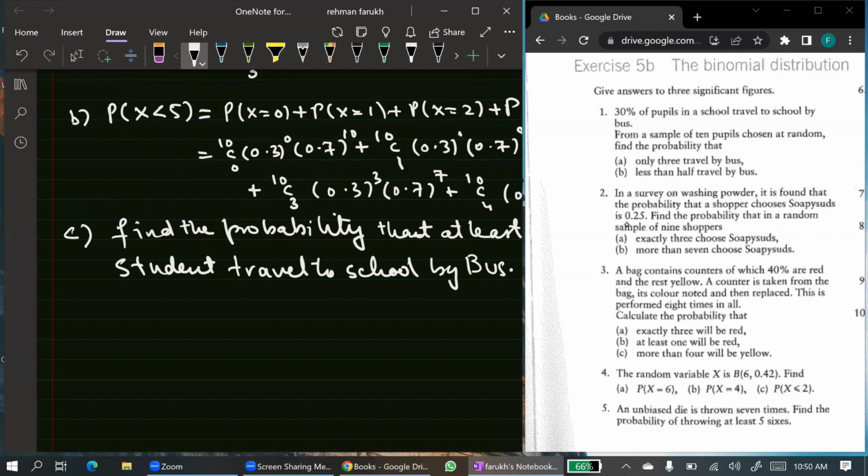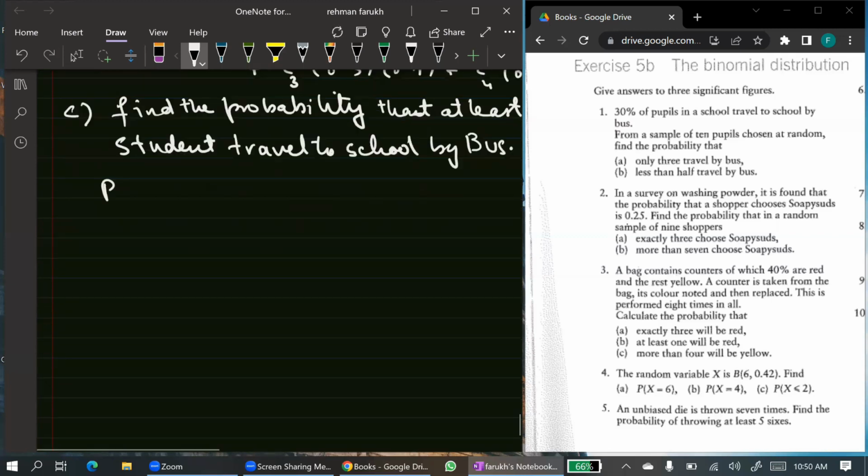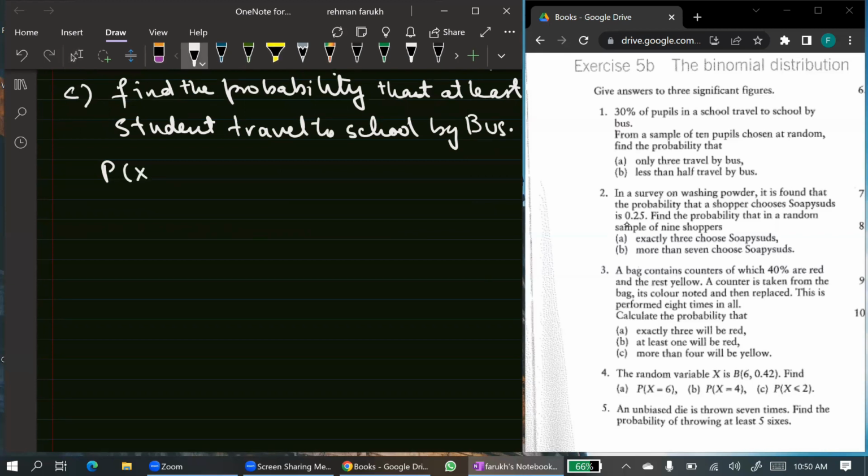One student. So we want to find the probability that X is greater than or equal to 1. Greater than or equal to 1 covers X equal to 1, 2, 3, 4, 5, 6, 7, 8, 9, 10. Now it is very difficult to find all the probabilities for X equal to 1 through 10.